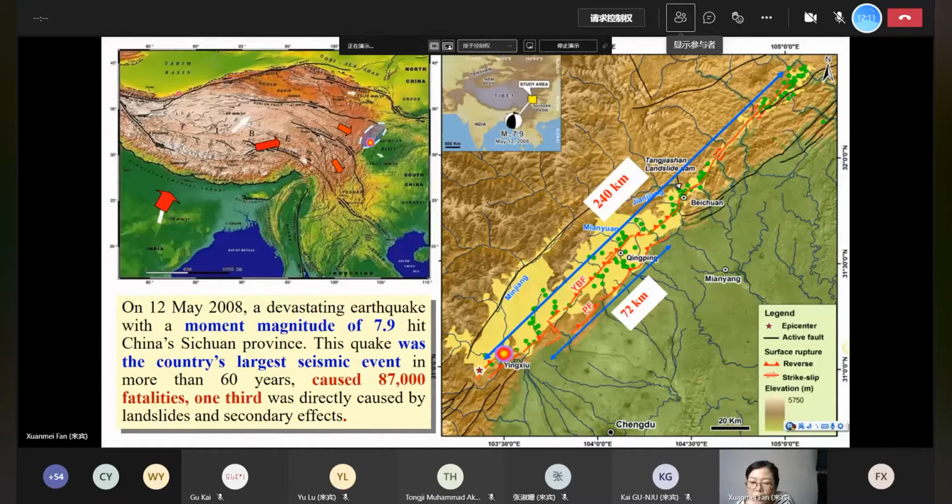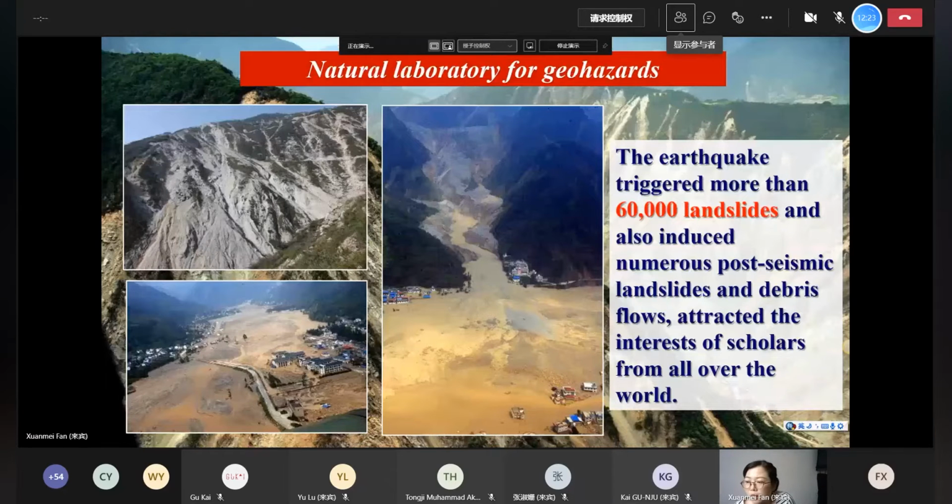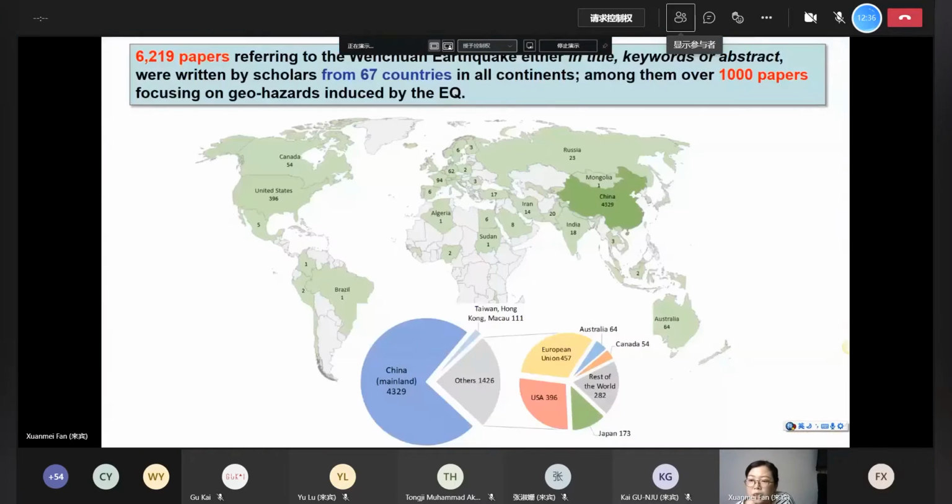It killed about 87,000 people, and one third of the total death toll was actually caused by landslides and secondary geological hazards. This earthquake triggered more than 60,000 landslides and also induced numerous post-seismic landslides and debris flows. So that's why it has attracted attention from all over the world.